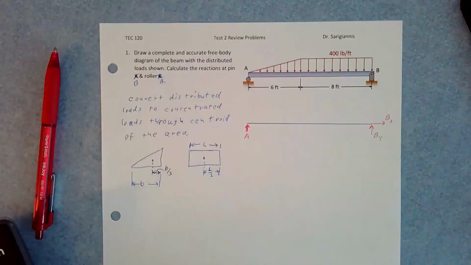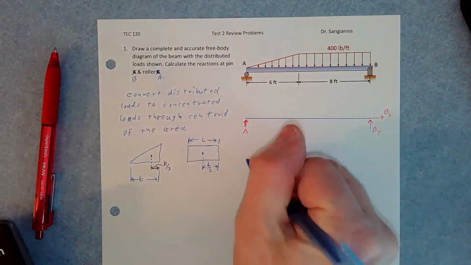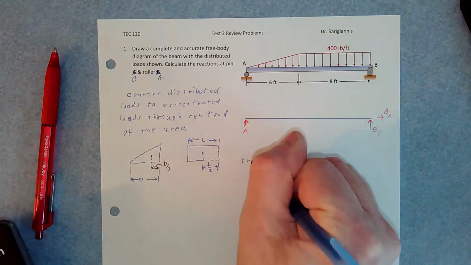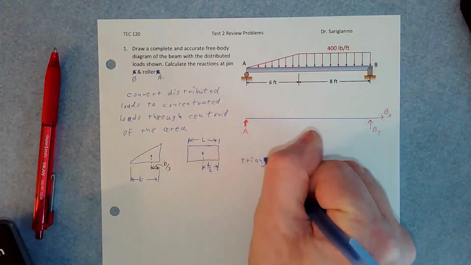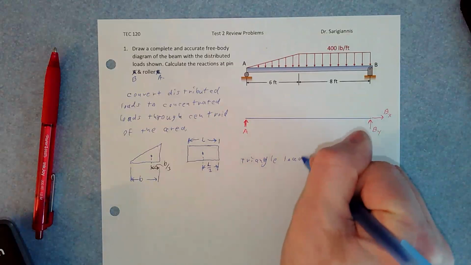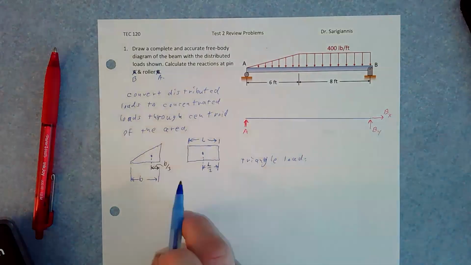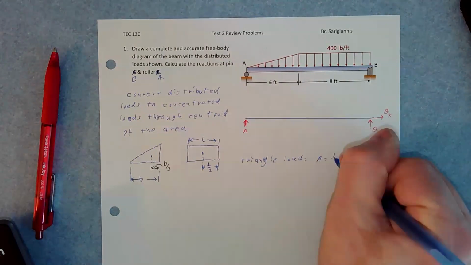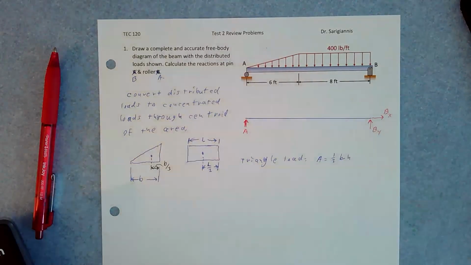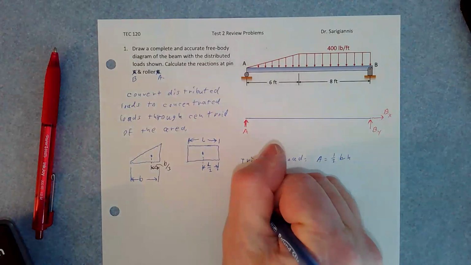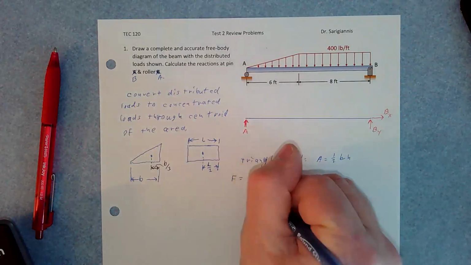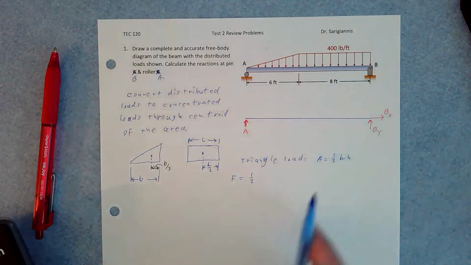All right, so take each of these loads and convert them. Let's start with the triangle load. We've got the area of a triangle, 1/2 base times height. So let's write this down. I'm going to put the force here. It's going to be 1/2 the base times the height.